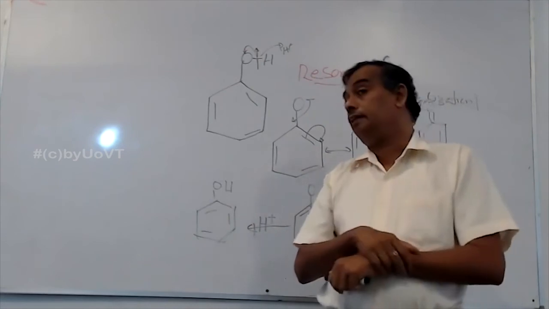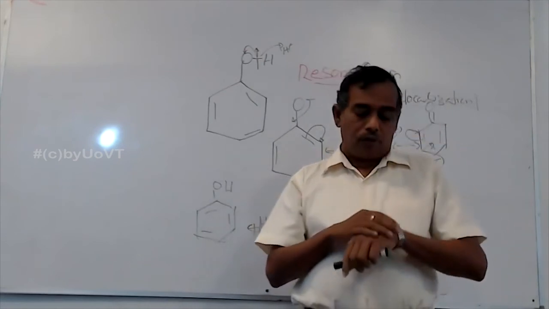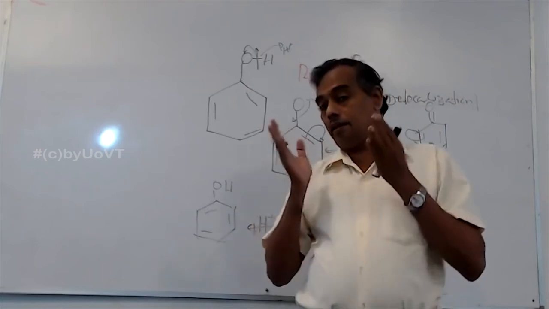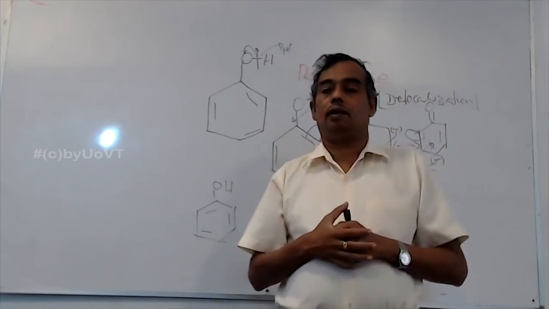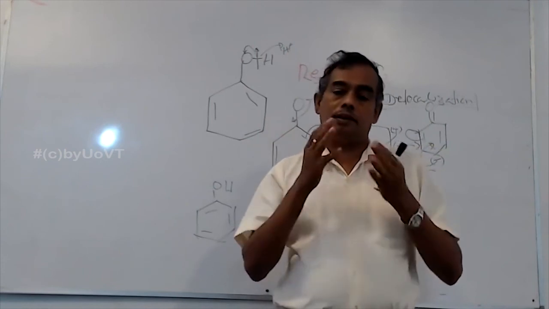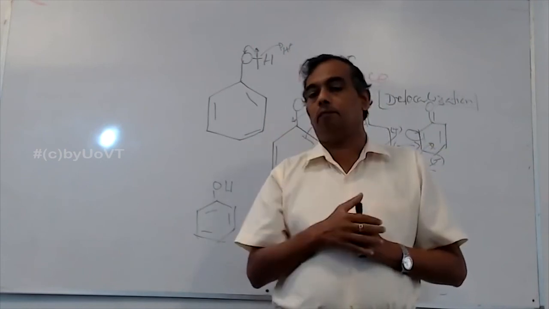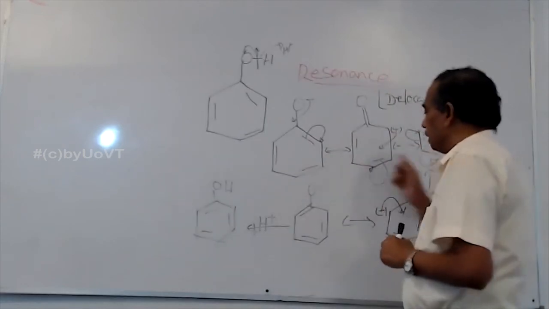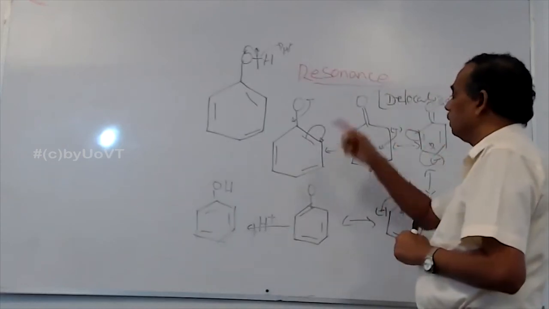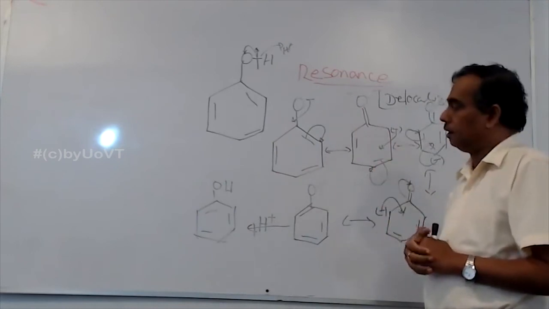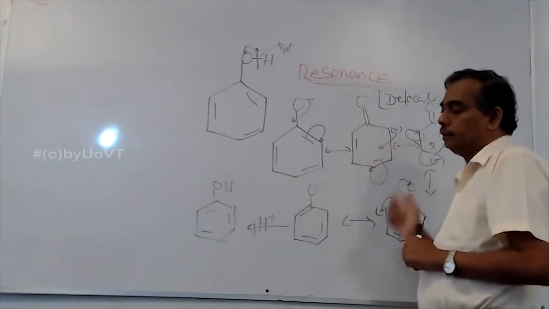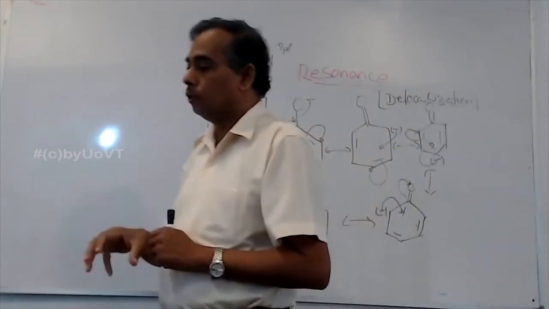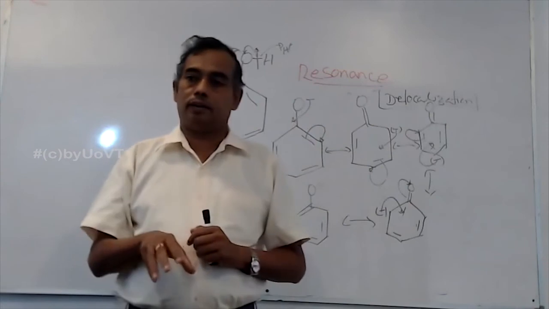Right? Then finally we discussed the role of phenolic acids, phenolic compounds, as antioxidants. How do they do it? What is the role? The role is very important. We can explain it using resonance structures and electron delocalization. Right? Resonance structures and electron delocalization allow phenolic compounds to act as antioxidants.